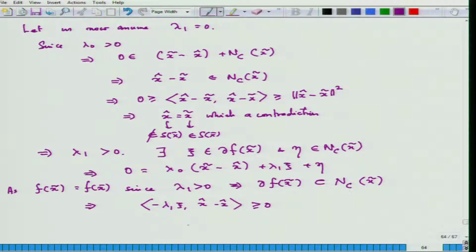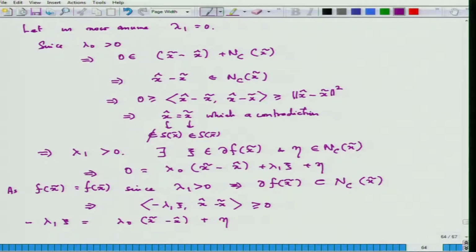So, you take the minus, it will be strictly greater than 0. Okay. Now, again it is simple to see that what I did was I took lambda 1 xi on this side, and now if I multiply on both sides, I took minus lambda 1 xi, I wrote this to be x tilde minus x hat plus eta.